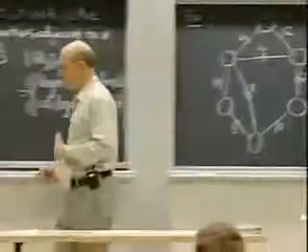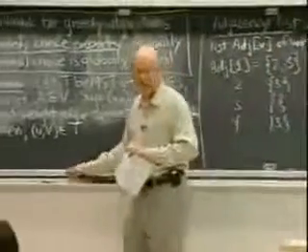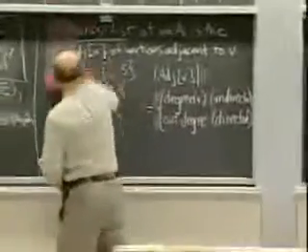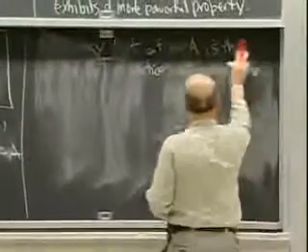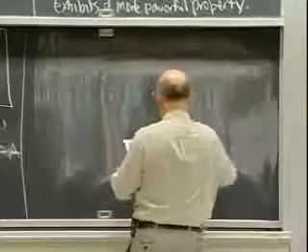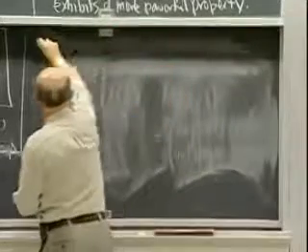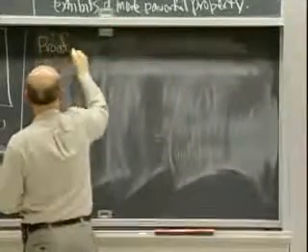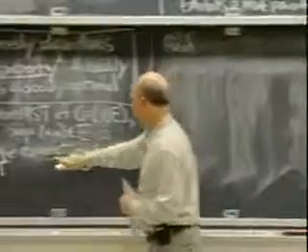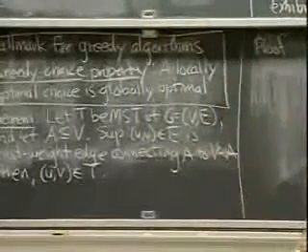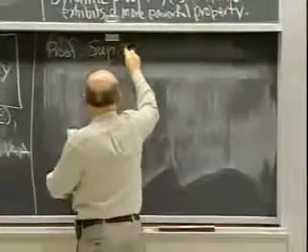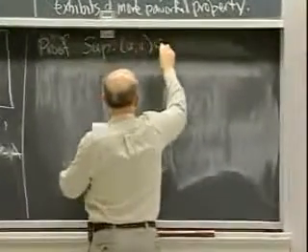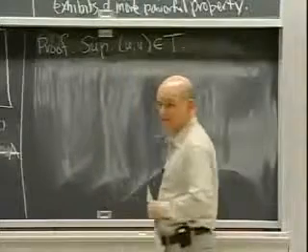Okay, so let's prove this theorem. Any questions about this? Okay, let's prove this theorem. So we have UV is the least weight edge connecting A to V minus A. So let's suppose that this edge UV is not in the minimum spanning tree.